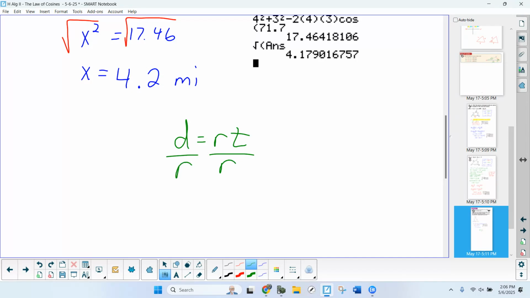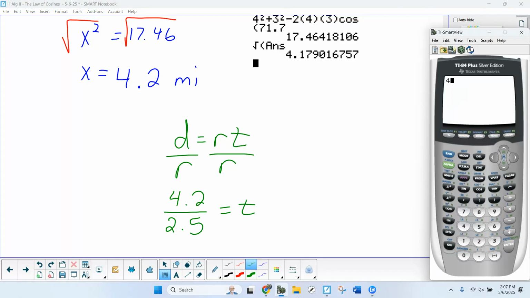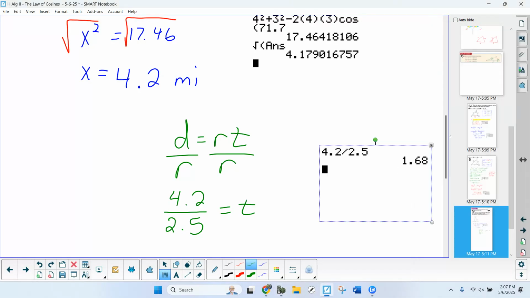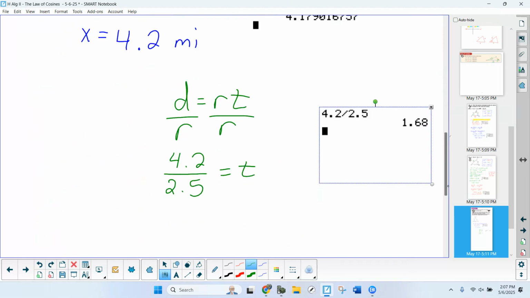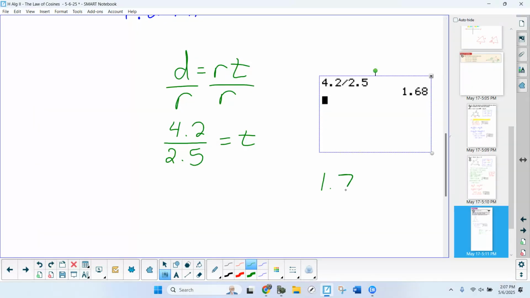Divide by rate. So 4.2 divided by your rate of what? Equals your time. So what is 4.2 divided by 2.5? So to the nearest, didn't it say tenth? Yeah. What's the nearest tenth? And what would the units be? Hours.